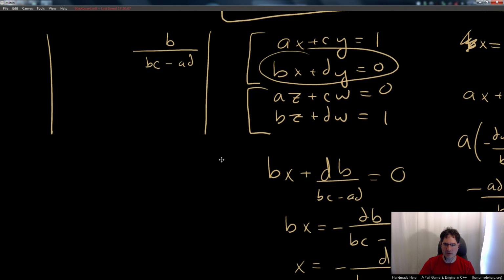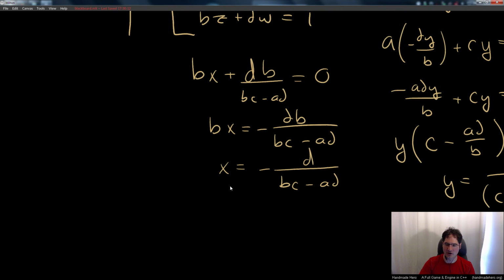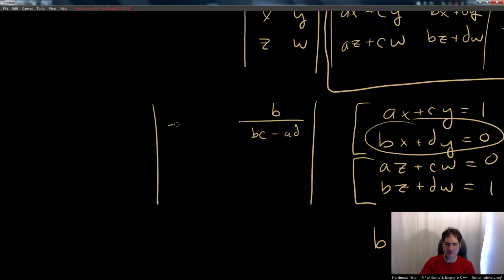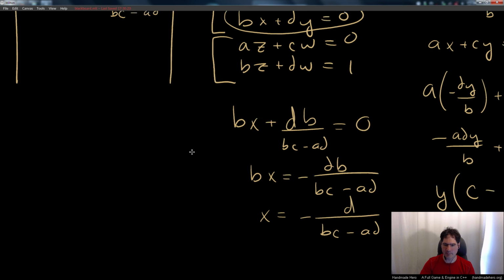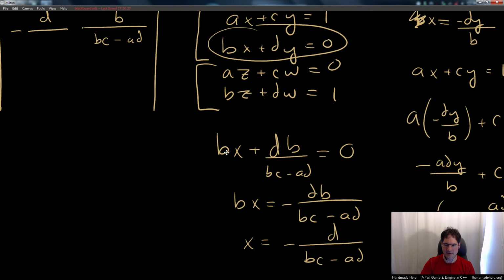Now you'll notice something interesting about that. Again, I always have to caveat the math: I am not strong with manual computation. But you can see our x, negative d over bc minus ad, is really kind of similar, right? You can see that's a pretty similar term here, bc minus ad.